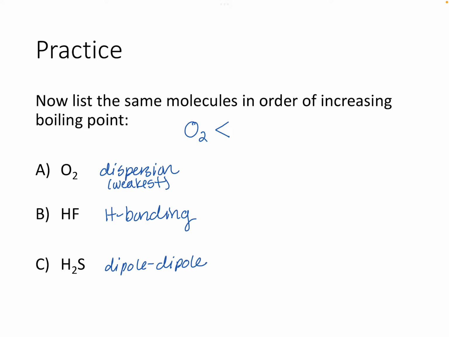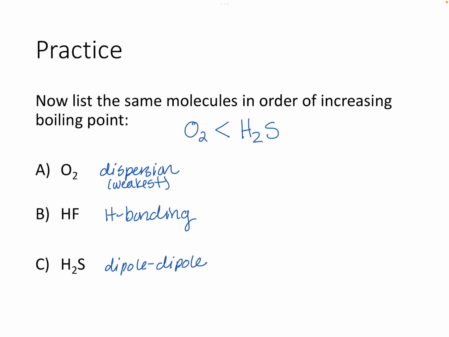And then the next strongest force is the dipole-dipole force for H2S. So since that's a little bit of a stronger force, it should take more energy to break apart those H2S molecules. So H2S will have the next highest boiling point.